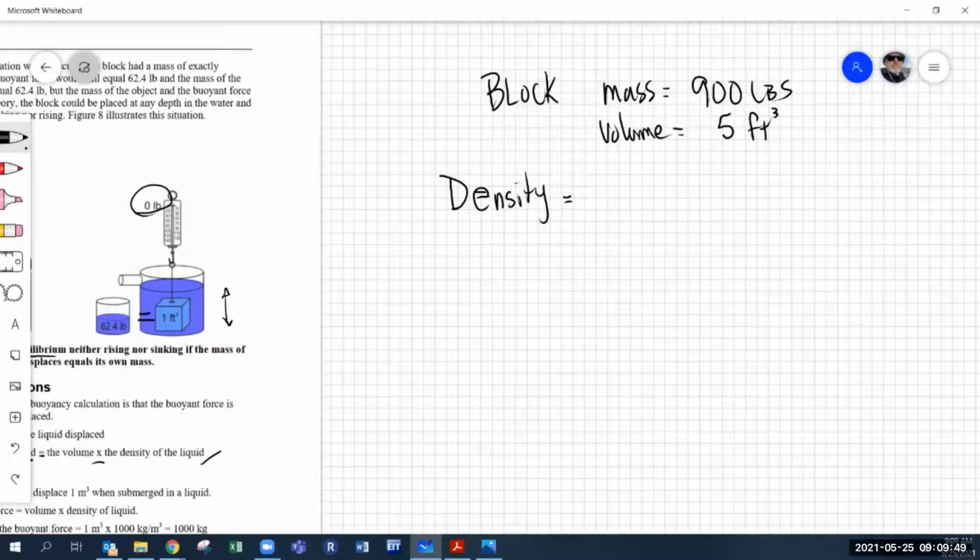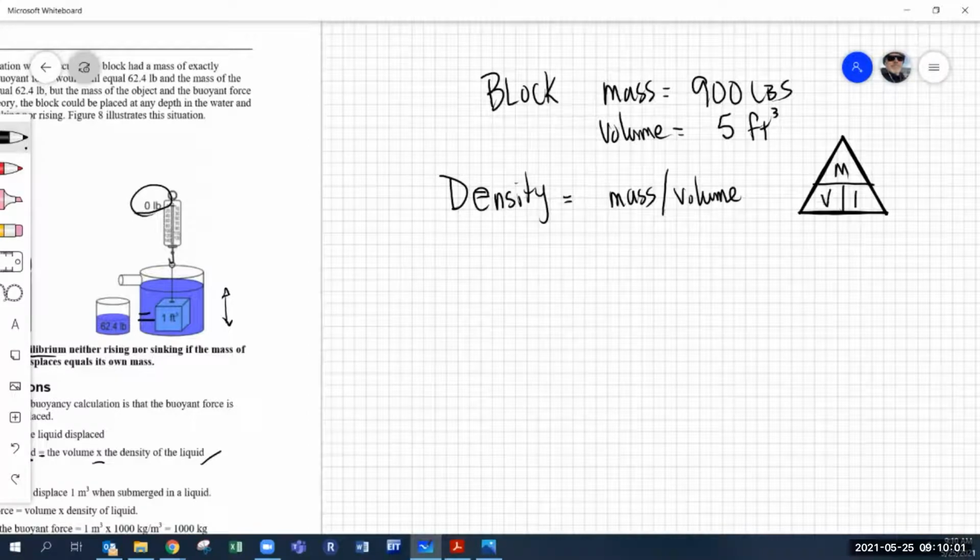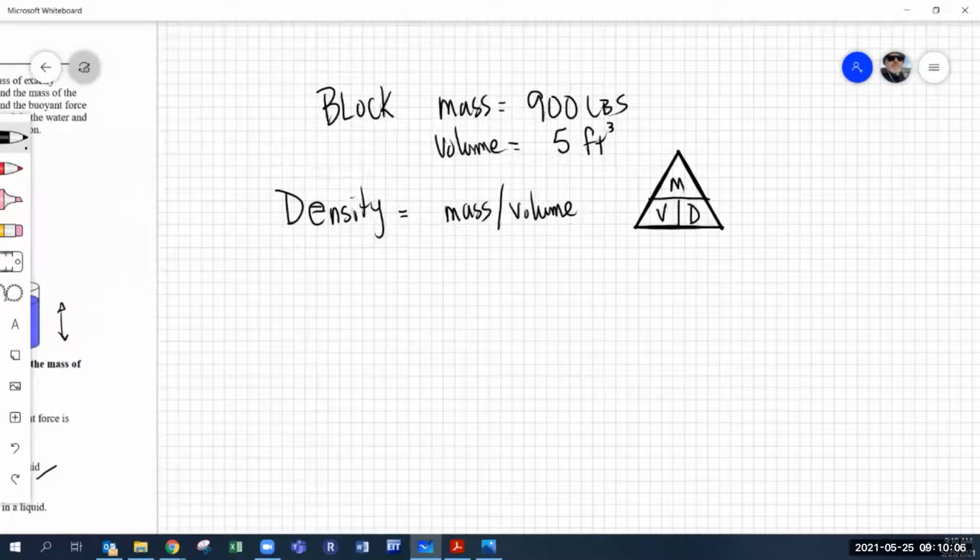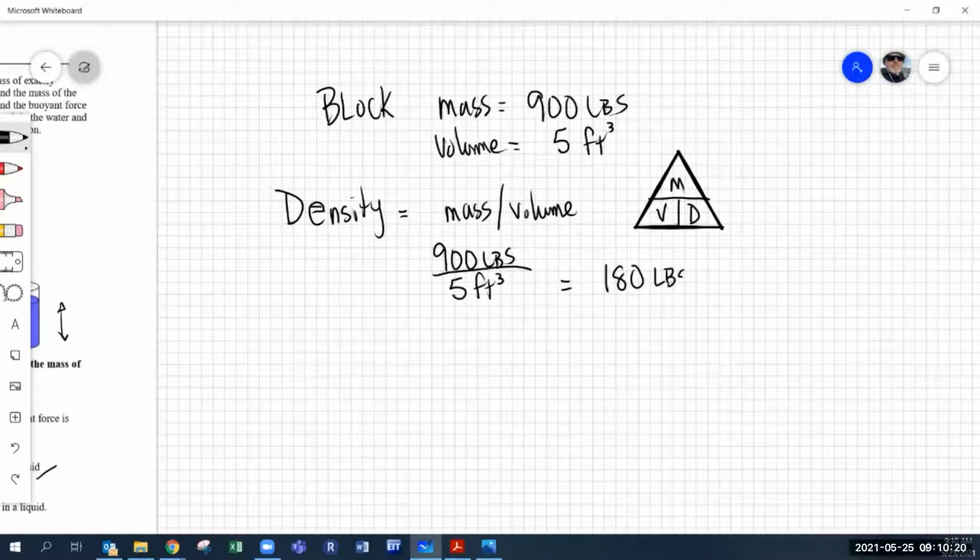Remember, density is mass per unit of volume. So density is calculated by taking the mass divided by the volume. So we will take 900 pounds divided by 5 cubic feet, and this comes out to a density of 180 pounds per cubic foot.